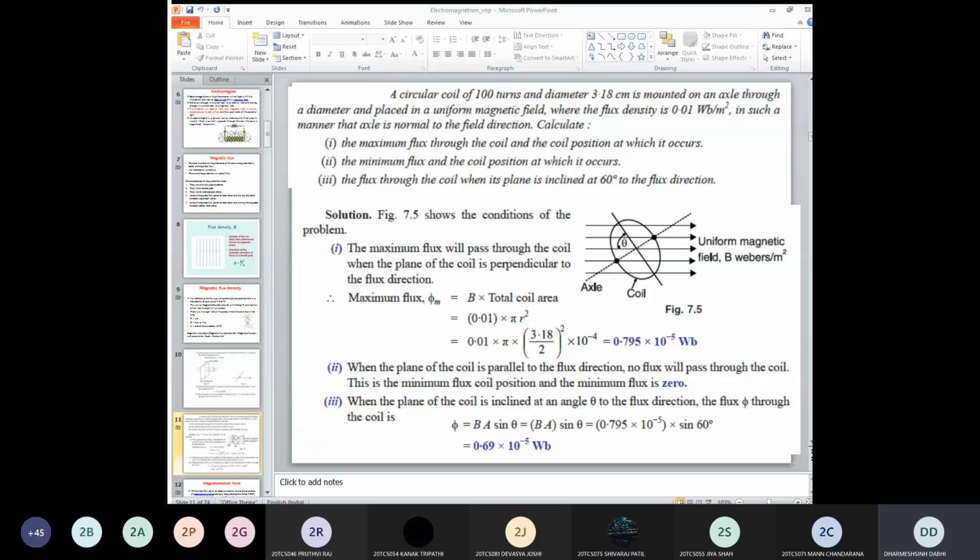Phi m, give me the answer. All of you calculate, please. Area is pi r square, or you can write pi by 4 d square.